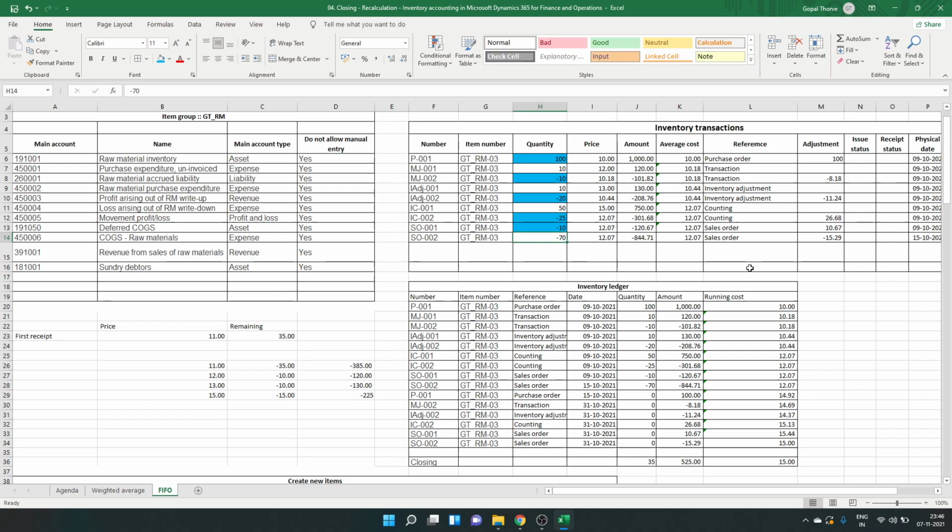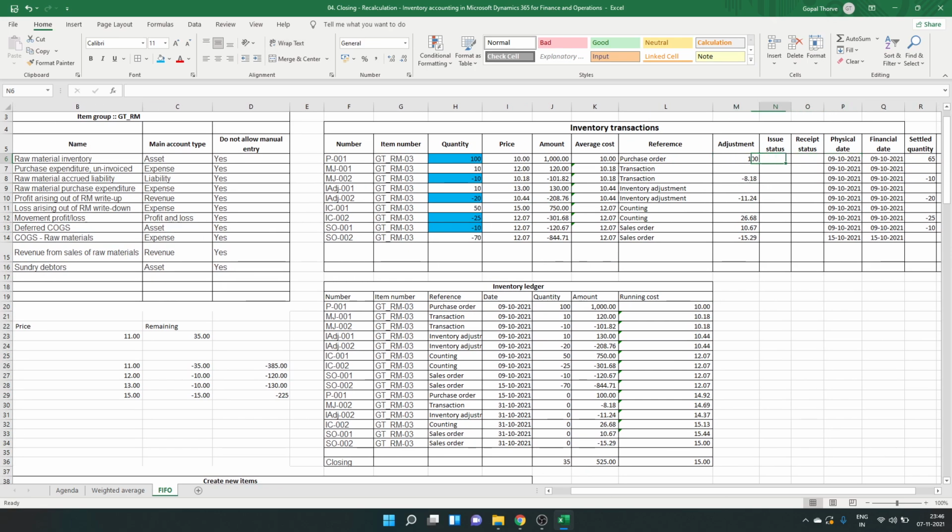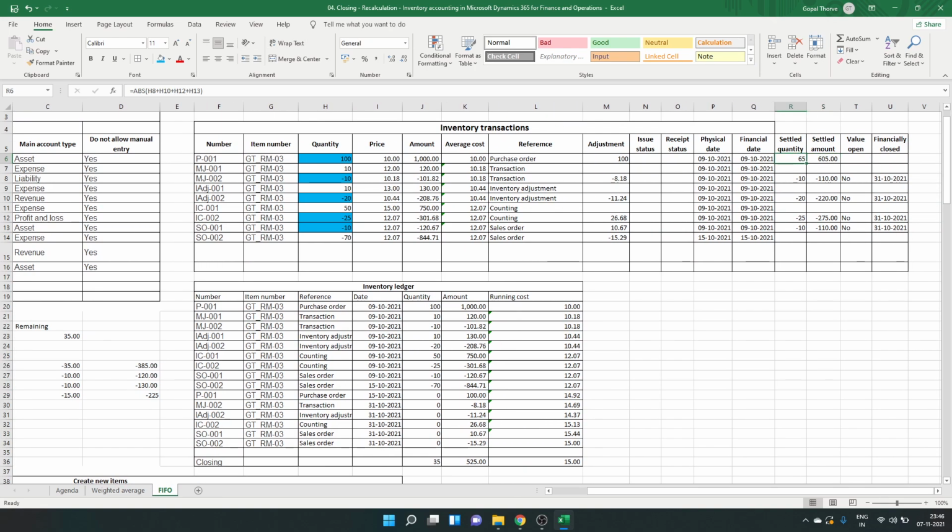Now this 70 quantity is getting settled from the first lot, also second, third, fourth also. So what will happen here? Settle quantity will be plus 35.